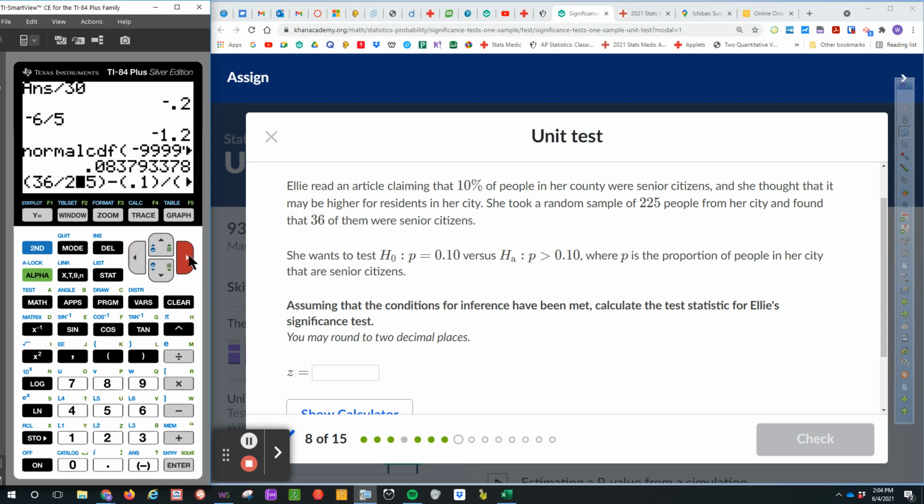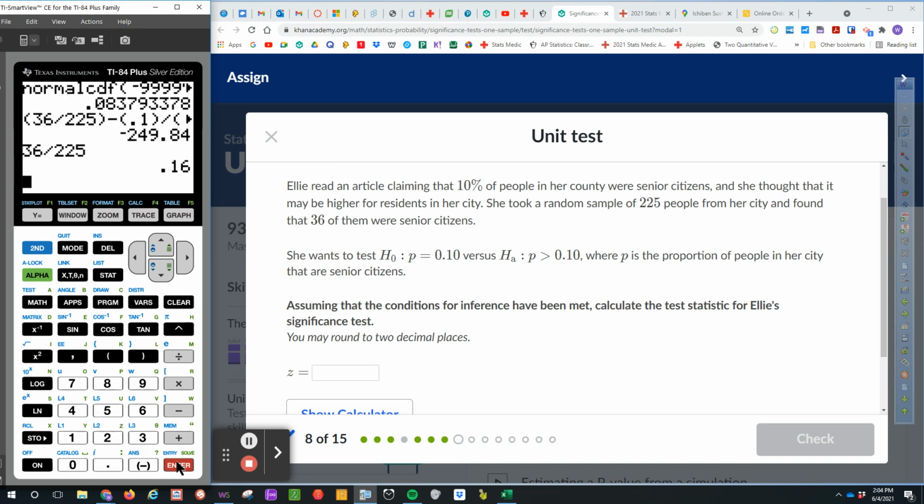Because of this open bracket, I need to make sure that I close this. I already did. Maybe I'm not doing this right. So let's do this. 36 divided by 225 is 0.16.